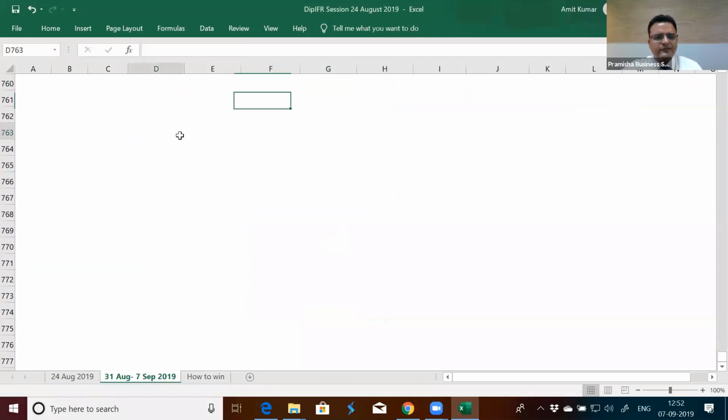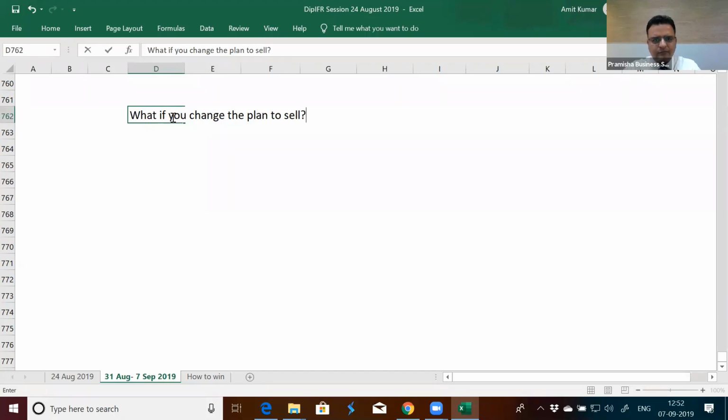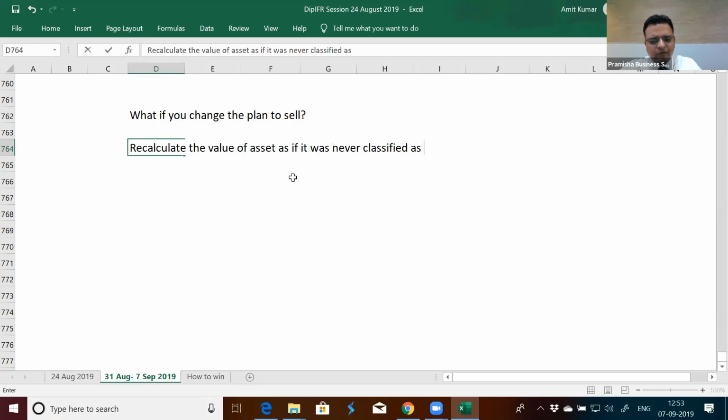What if you change the plan? What if you change the plan to sell? Now here, indirect impairment also is inherent. So we'll recalculate the value of asset as if it was never classified as held for sale.